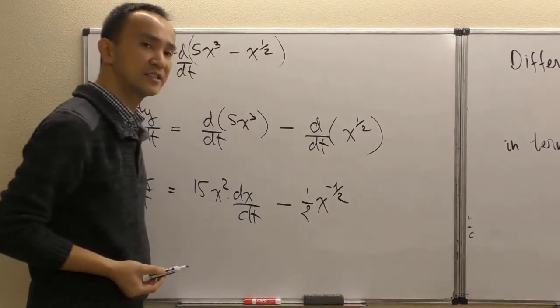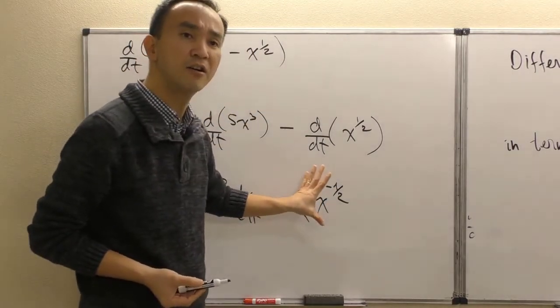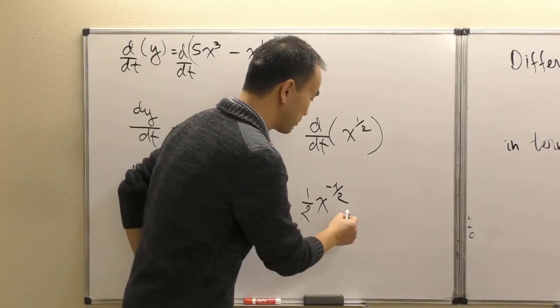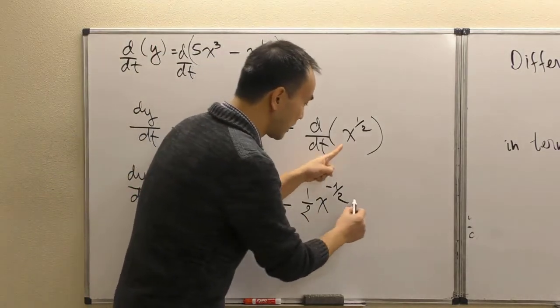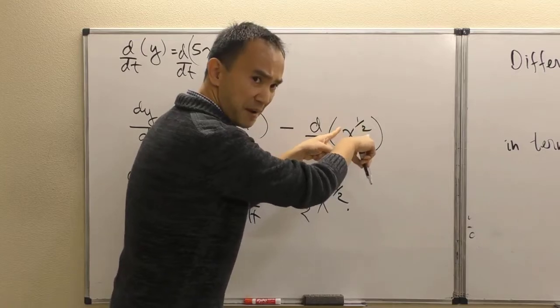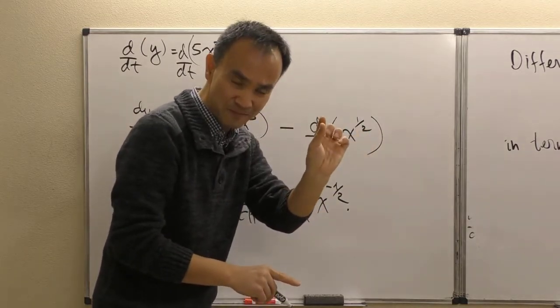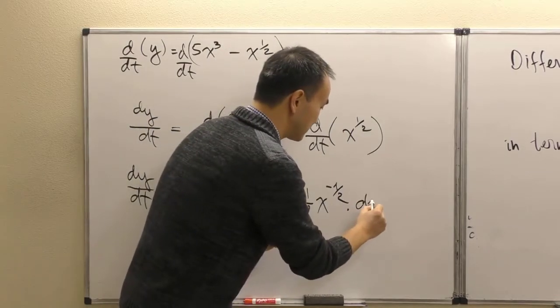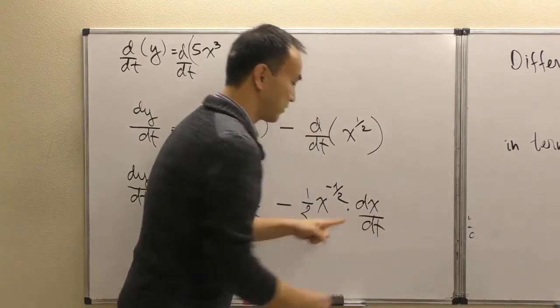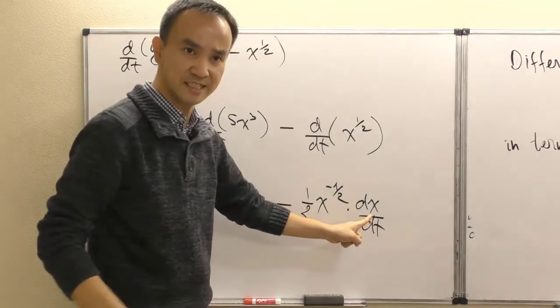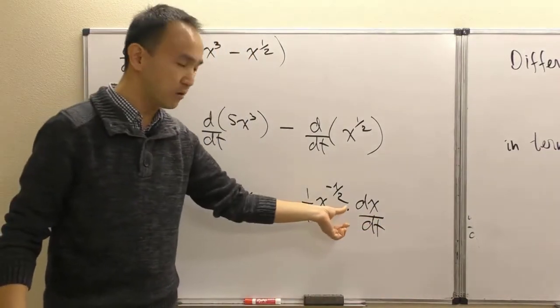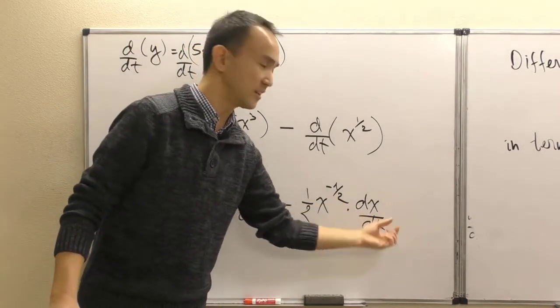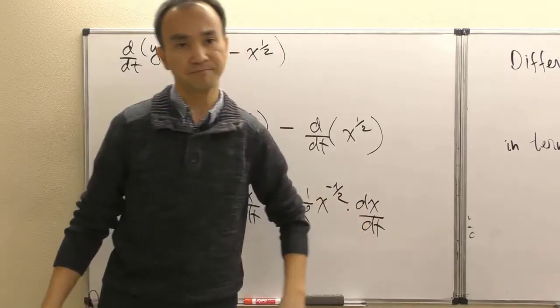Nothing surprising about that because here we just have a power rule. And then chain rule says we must multiply with the derivative of the inside. So the inside of the 1/2 power here is that x of t as an implicit function. And now I can do nothing but indicate there a multiplication with dx dt. So again, I have to multiply with the implicit derivative of x as a function of t.